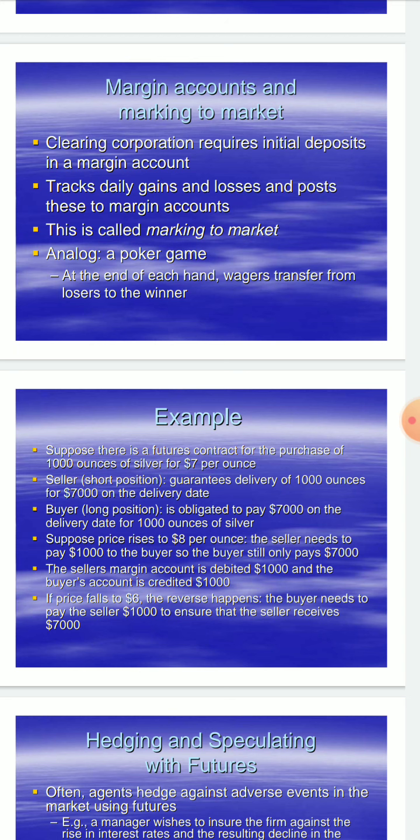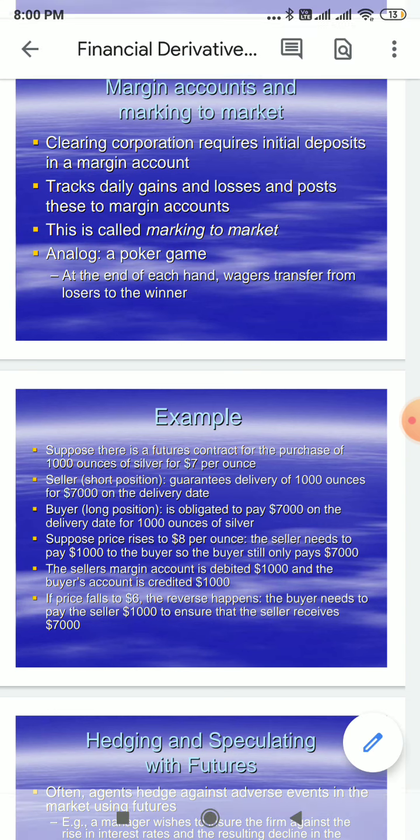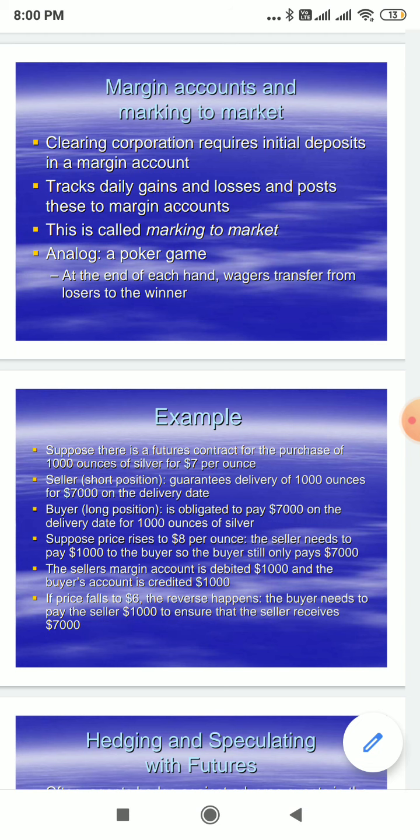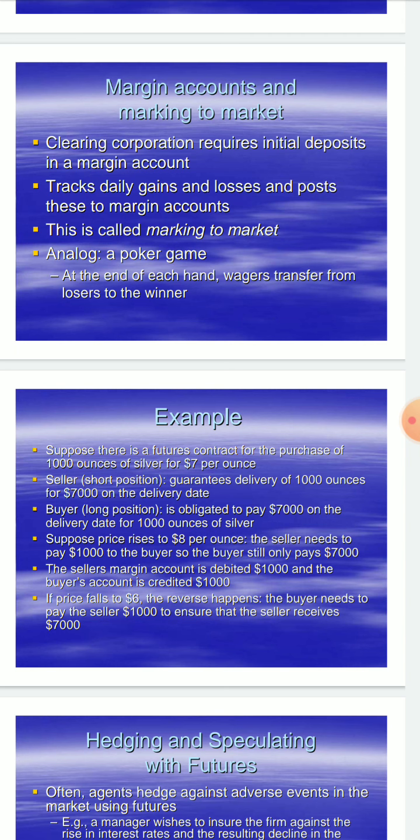For example, let us understand you have to buy gold 3 months from now. You will buy the gold 3 months from now, and after 3 months, the buyer will pay the money and the seller will give the gold, right? For this to happen at the future date, you have to keep some money with the broker.